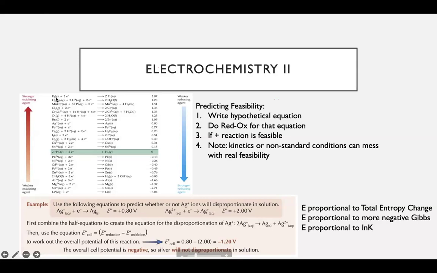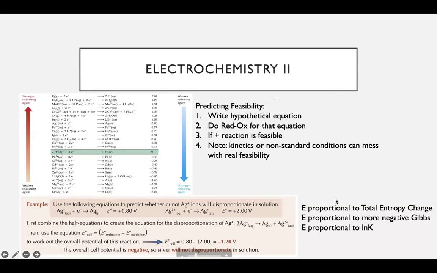So fluorine is a very powerful oxidizing agent. Oppositely, very negative standard electrode potentials imply that it wants to go backwards. So lithium really hates to go from Li+ to Li solid. Instead, it really likes to go from Li solid to Li+ because it's a negative value. So lithium really likes to be oxidized, hence it makes a really good reducing agent.